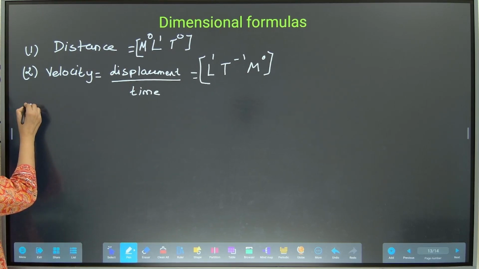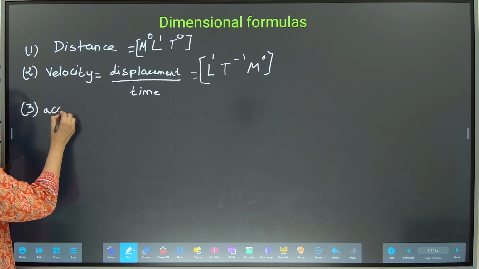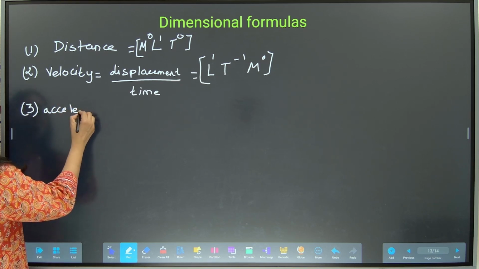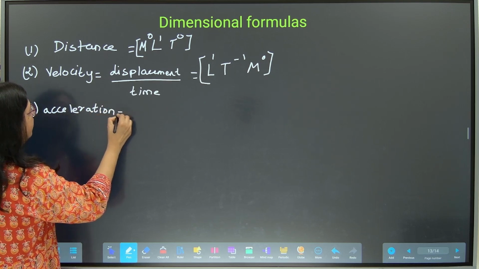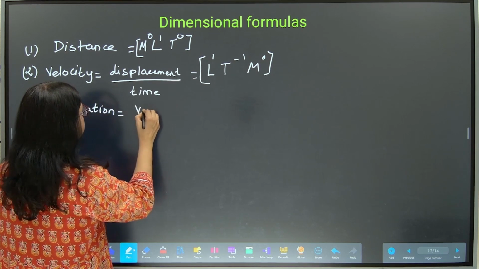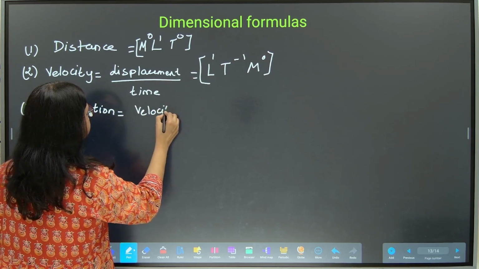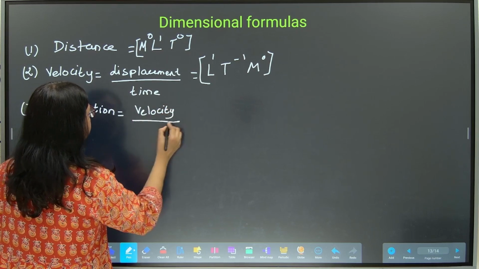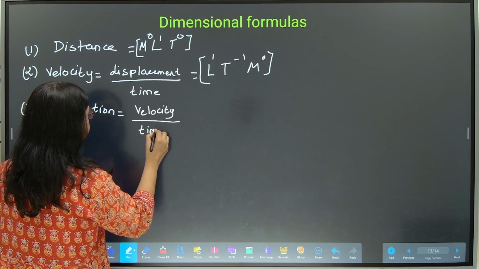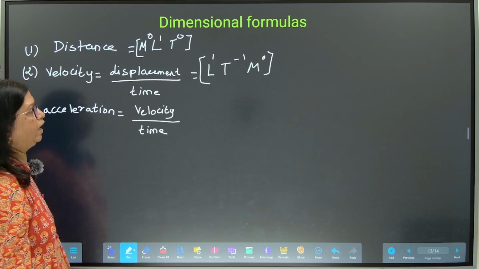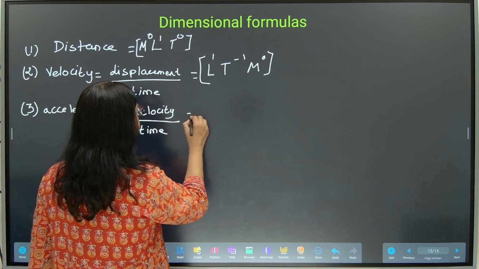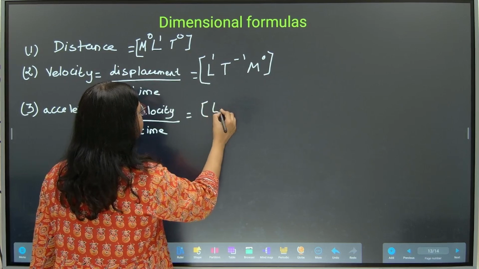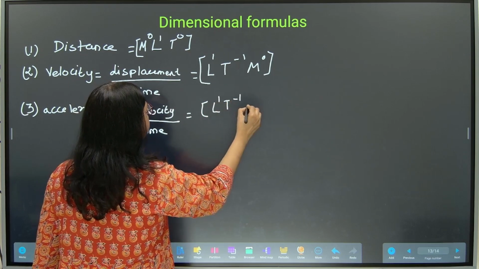Third, acceleration. What can I write? Velocity upon time. Okay, velocity I am ready with. I am ready with the dimensional formula of velocity.